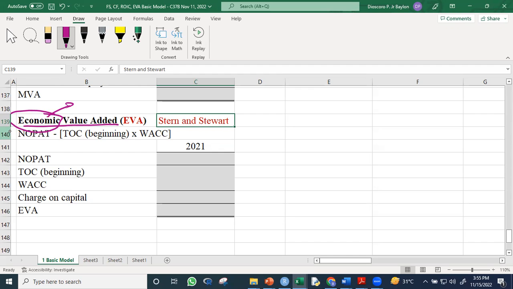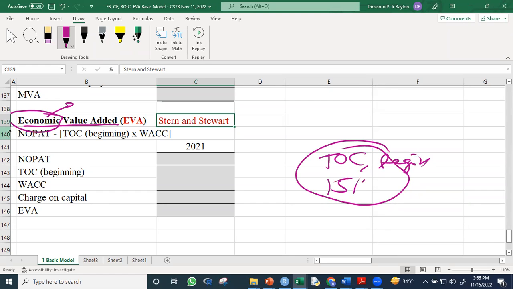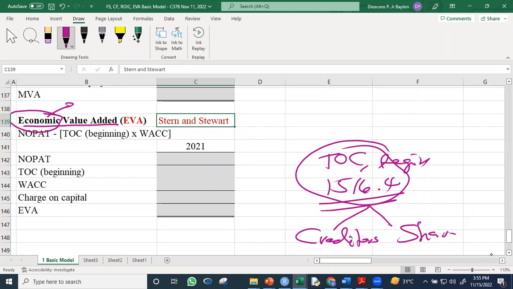So how is this done? Again, babalikan natin si TOC beginning. Binigyan yung company ng 15.16. Let me just shortcut the explanation kasi mag-time na. Now, ang tanong, class, libre ba to? Sino nag-provide nito? Well, yung mga investors who are the creditors and the shareholders. Galing sa kanila yung perang yan.